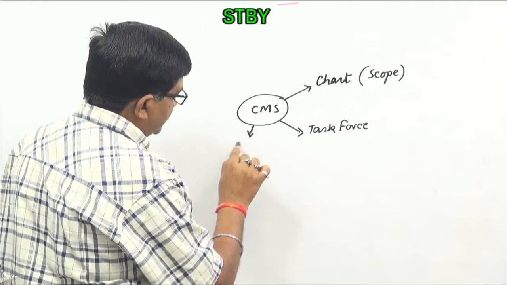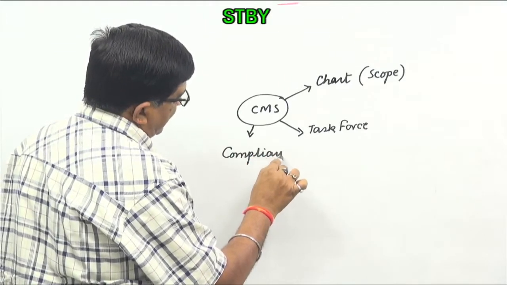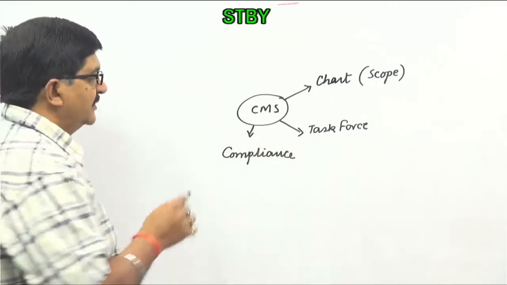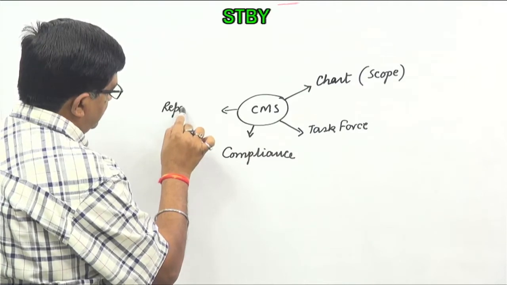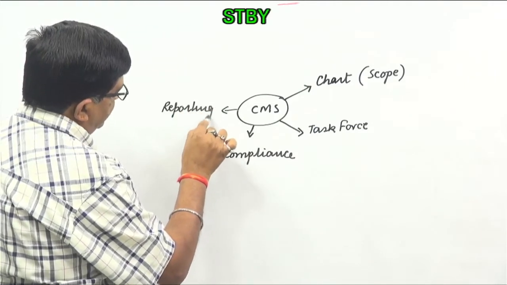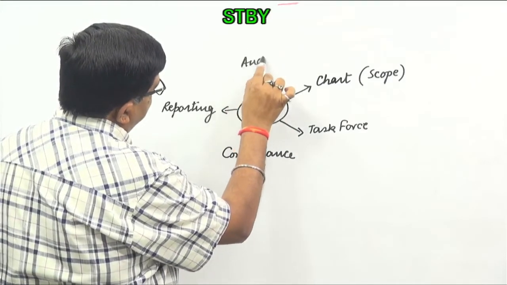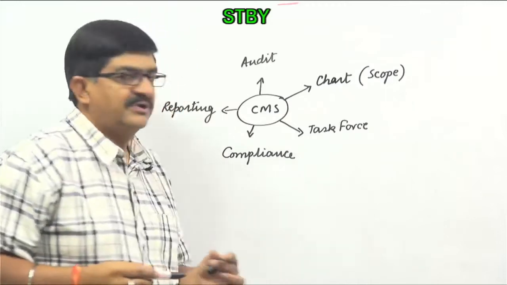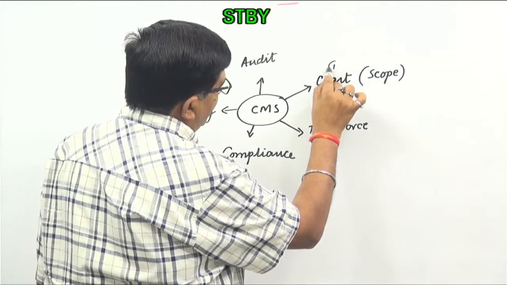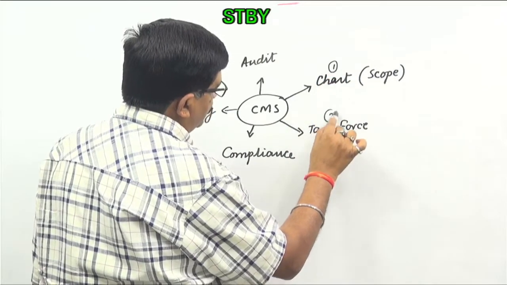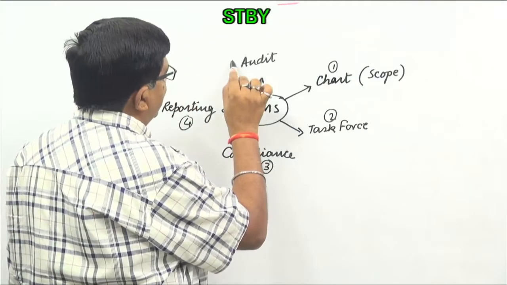Then comes compliance, then comes reporting, and thereafter comes audit, right? So if I give a serial number, this is step number one, this is step number two, this is step number three, this is step number four, this is step number five.